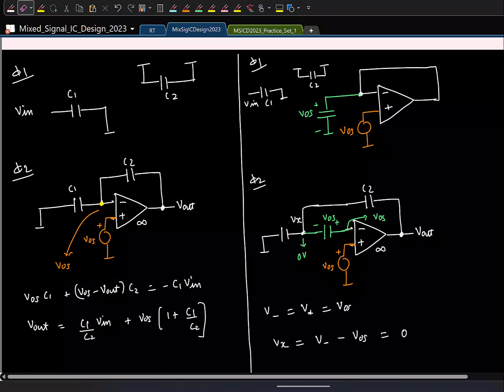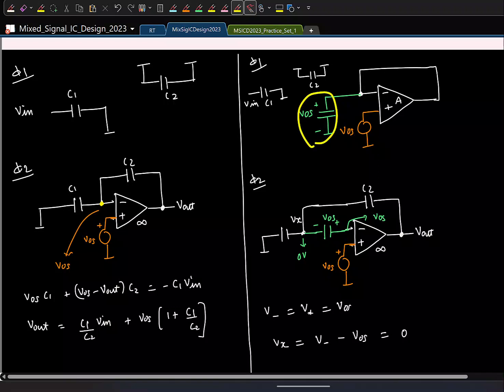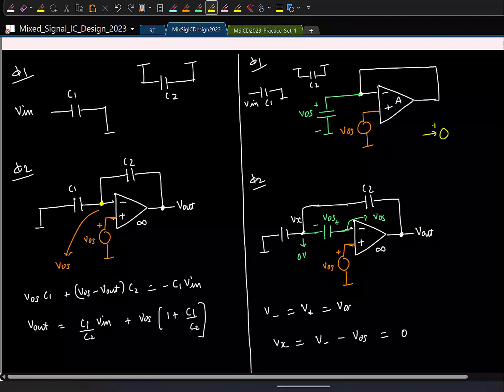So let us say this has a finite gain of A. So what will happen to this voltage? It won't be exactly VOS, but what will it be? Yeah. I mean, remember that basically what we have is this, right?